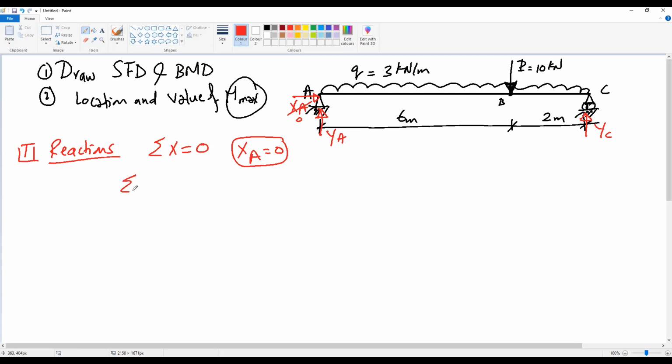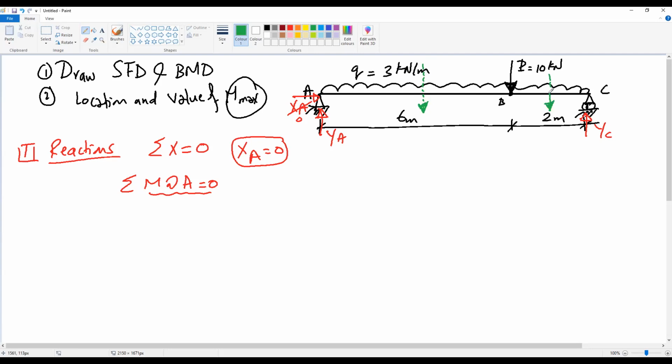Next, the second equilibrium equation is summation of moment at A. Before we apply summation of moment at A, what do we need to do? We need to concentrate the uniform load because we can't deal with the uniform load like that. So I will concentrate this part itself and this part itself.